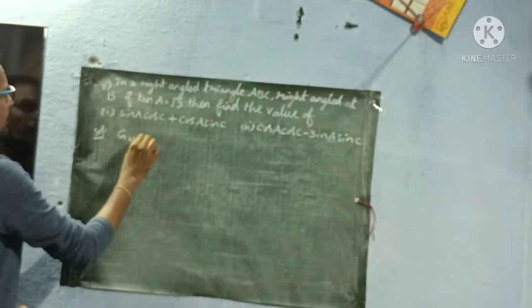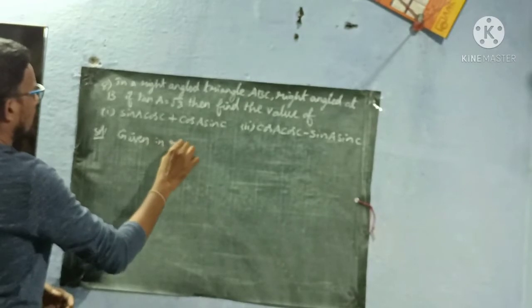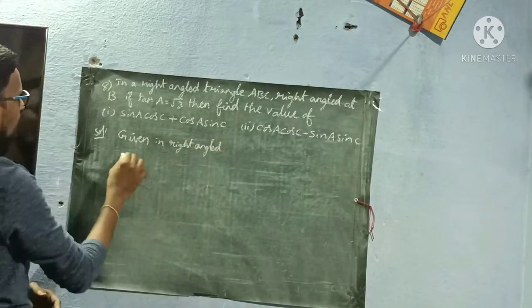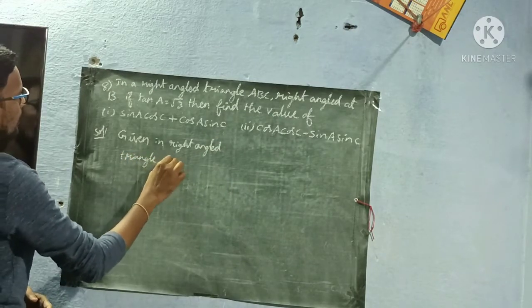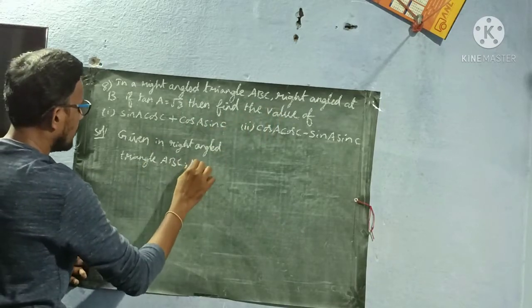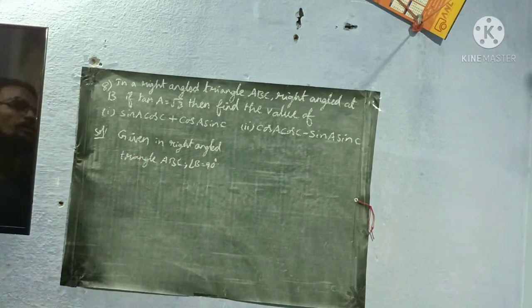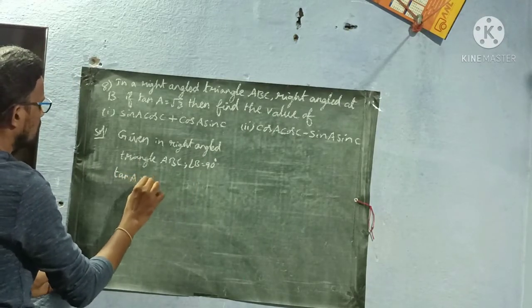Given, in right angle triangle ABC, right angle at B, which is nothing but angle B is equal to 90 degrees, and he has given that tan A is equal to root 3.